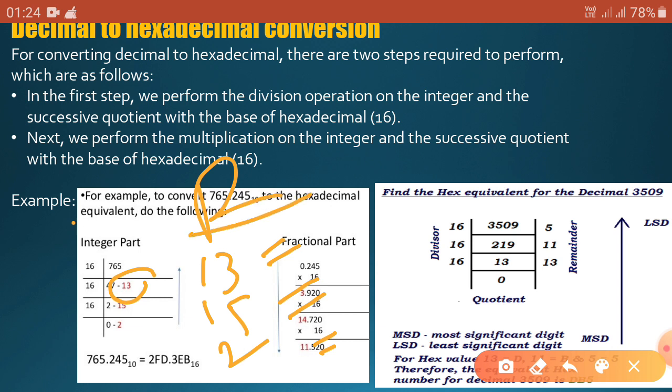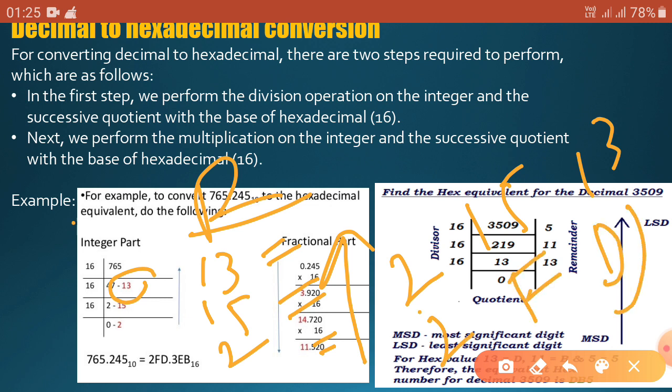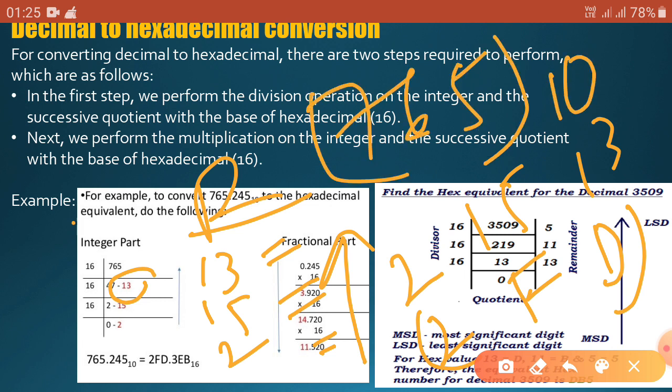We write the number from bottom to top. When it is an integer, it is 2, 15, 13. So in hexadecimal, 2 means 2, 15 means F, and 13 means D. So we can write 765, that is in decimal, gives us 2FD in the hexadecimal number system.